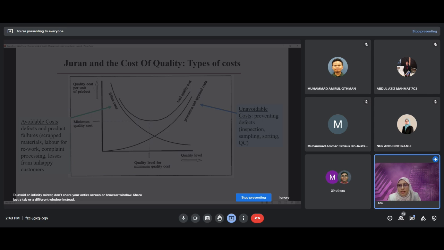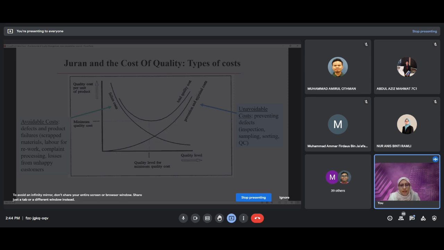Okay, so these are the quality cost versus the quality level. As you can see here, the failure cost is declining. But if you look at the unavoidable cost, which is preventing defects, for example, inspection, cost of sampling, cost of sorting, cost of doing the quality control, these are the prevention.